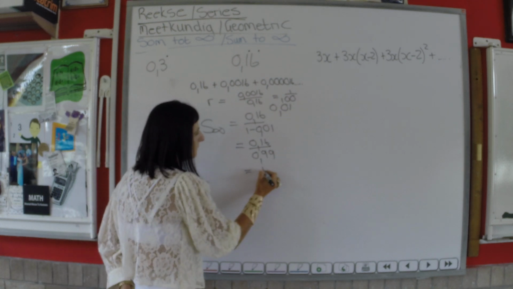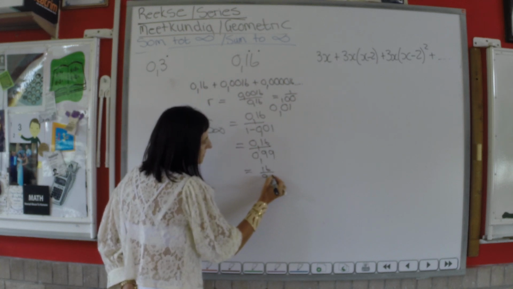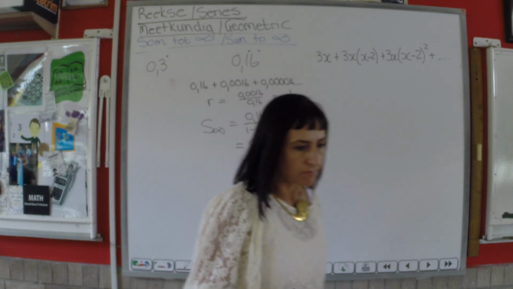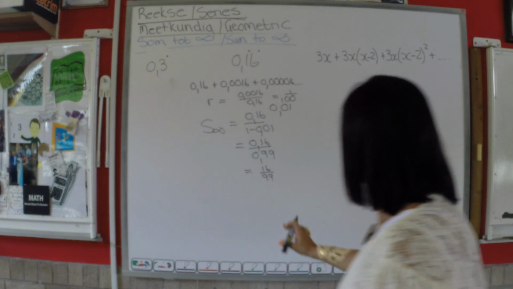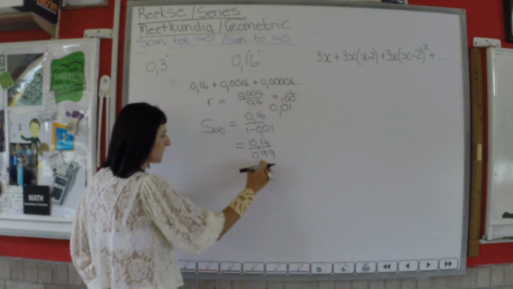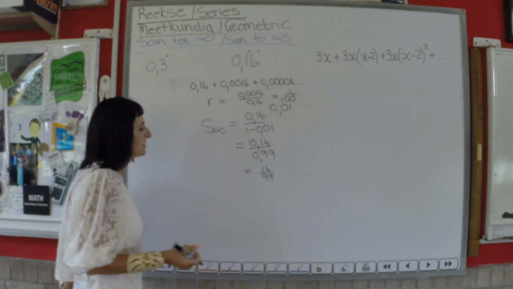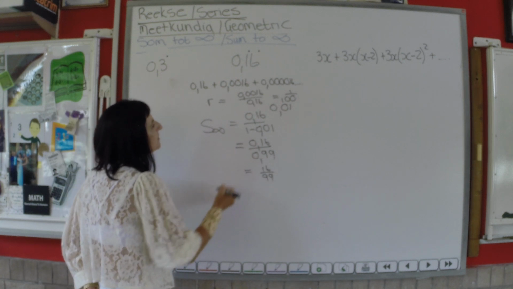And if you simplify that, it's 16 on 99. Let's see if that can be simplified further. No. It's nothing that can go into 16 and 99. So this is in its simplest form.